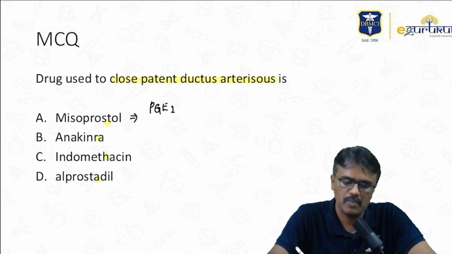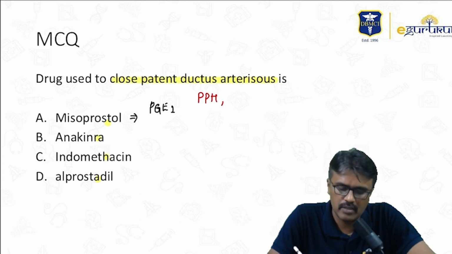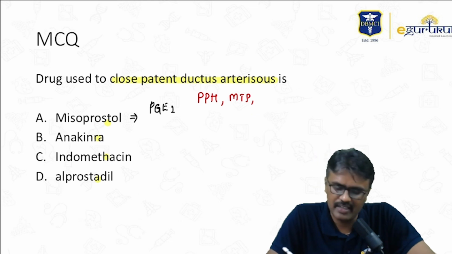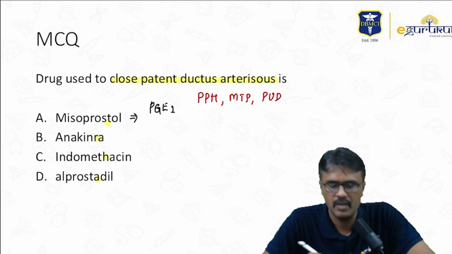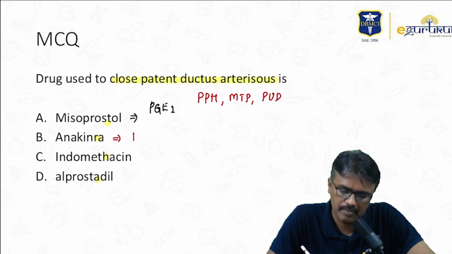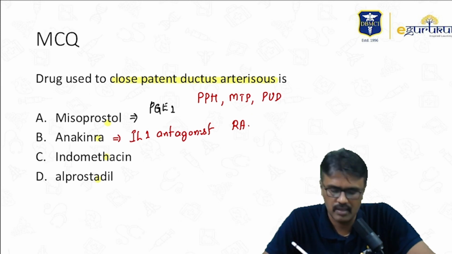Now this misoprostol is used for, one is postpartum hemorrhage, right? It is used for medical termination of pregnancy, that is abortion, and it is also used in peptic ulcer disease. So that is misoprostol. Anakinra is an interleukin 1 antagonist, and that is used in rheumatoid arthritis.